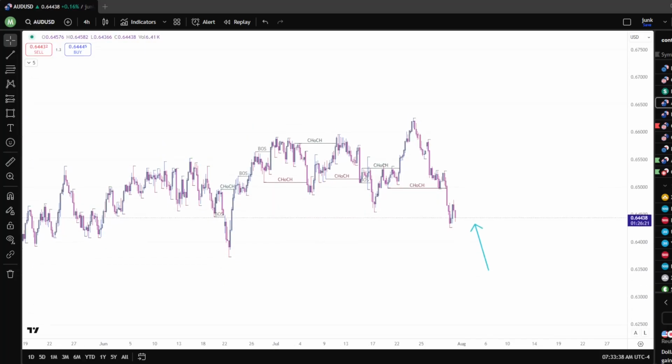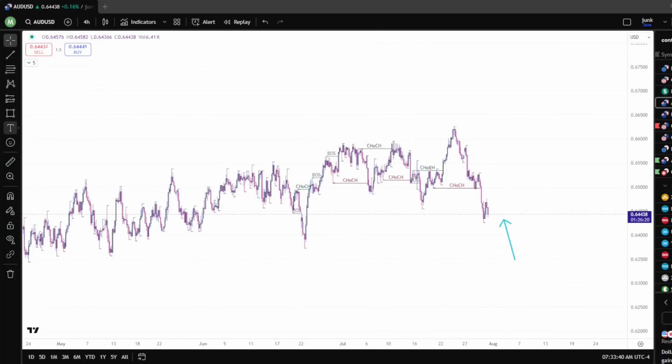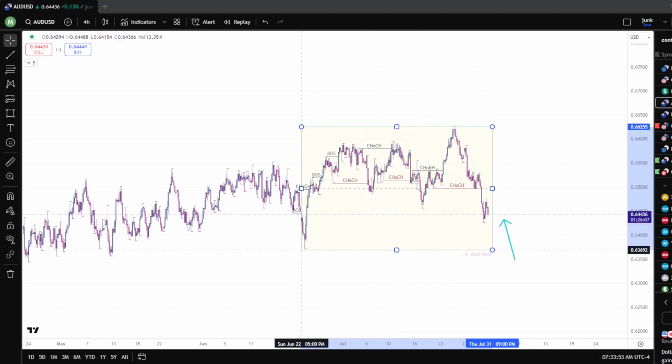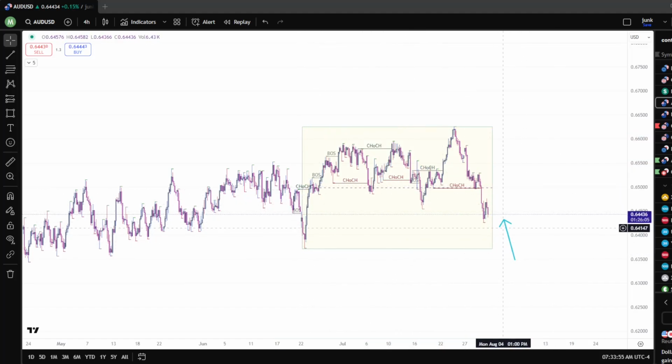AUD USD. Let's go map out the current range. This was the last leg, I believe. The overall range was from this low, although this was the higher low that made the new highs of that range.